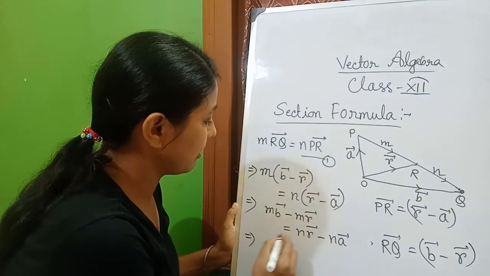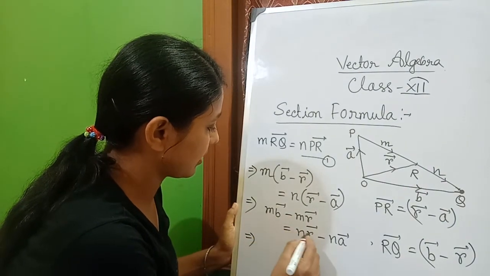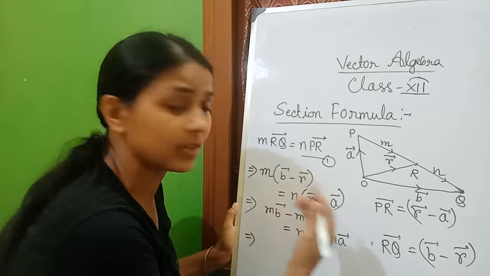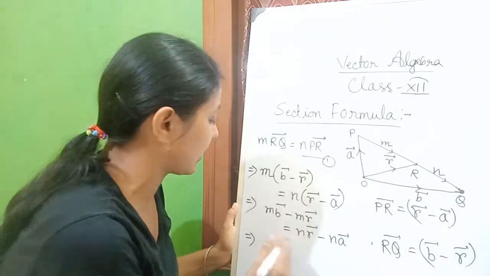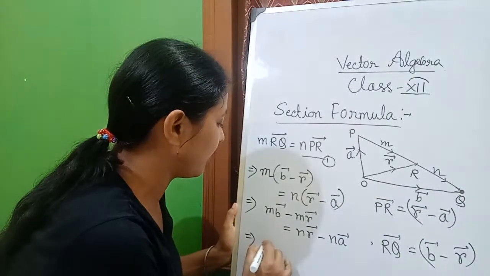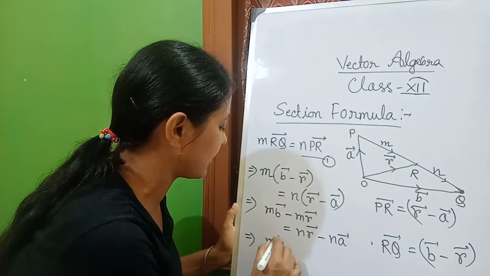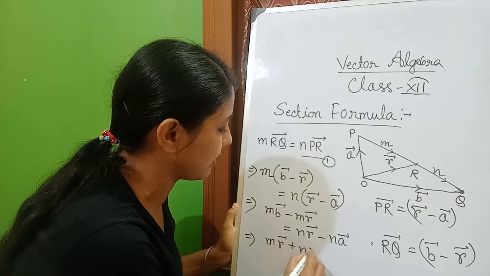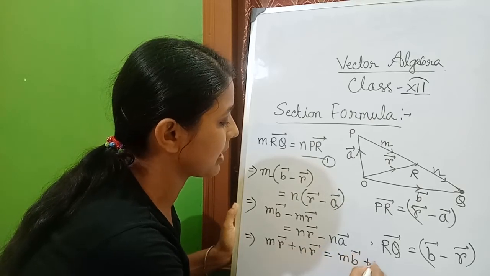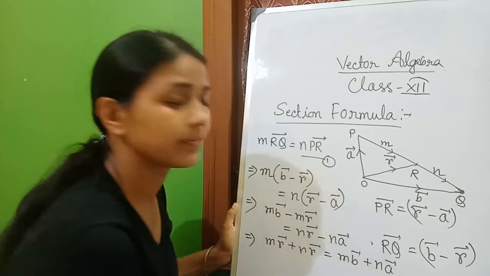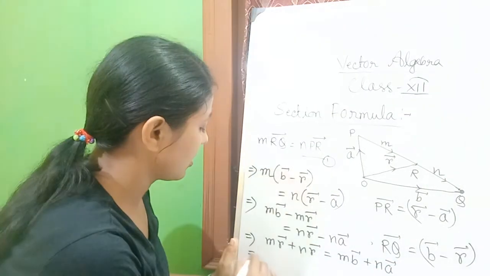So we take the R vector terms to one side and the other two vectors to the other side. Ultimately we get M R vector plus N R vector equals M B vector plus N A vector.